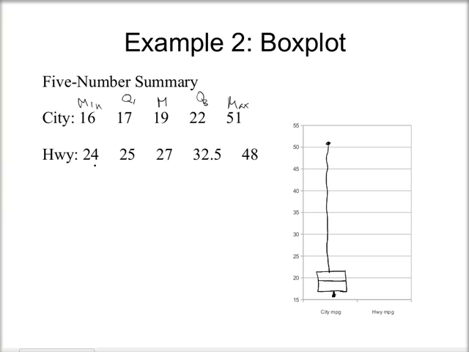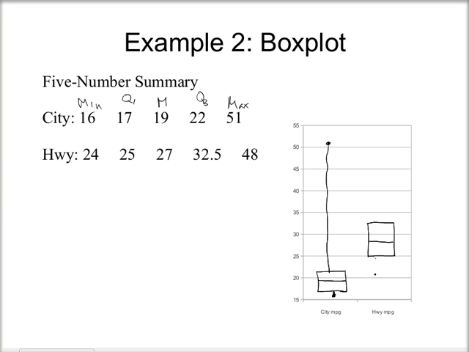Now let's draw the one for highway miles per gallon. So there my box is going to go from 25 to 32.5. 25 is right on this line here. 32.5 is exactly in between 30 and 35 there. So there's that box. Now my median is at 27, which is about here.